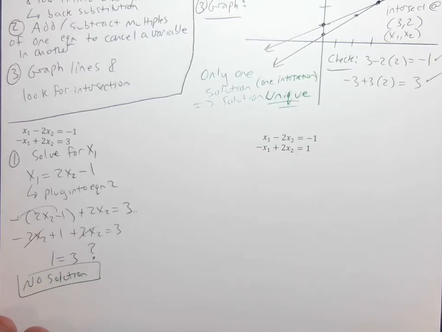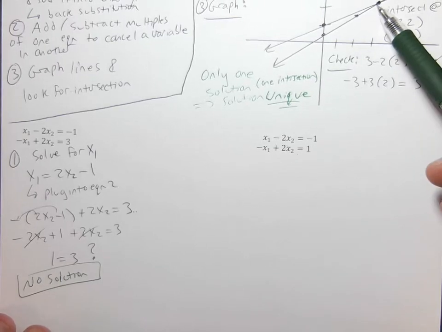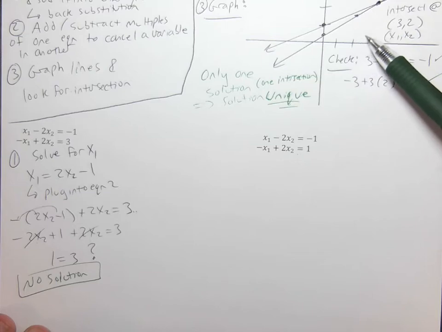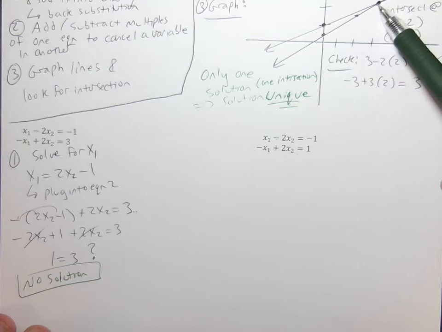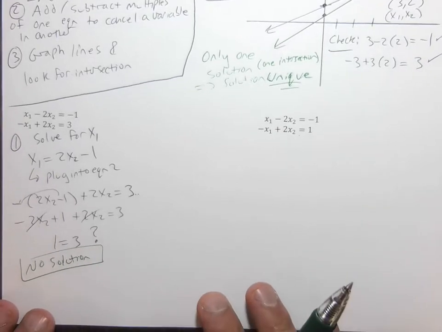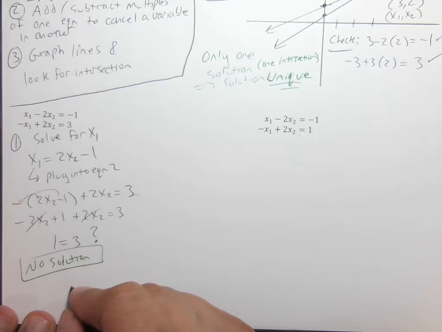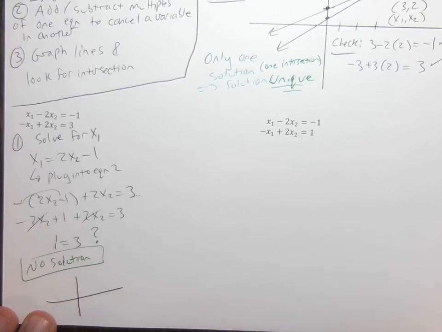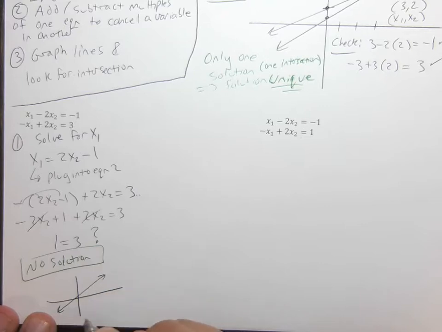Take a second to think about why that would happen, and think back to the first one here, right? We got a unique solution, because the two lines intersected at one spot. So what do you think it means if there's no solution? While you think about that, I will just do a quick sketch of what these might look like. It's because these two lines are parallel, right? They have the same slope.